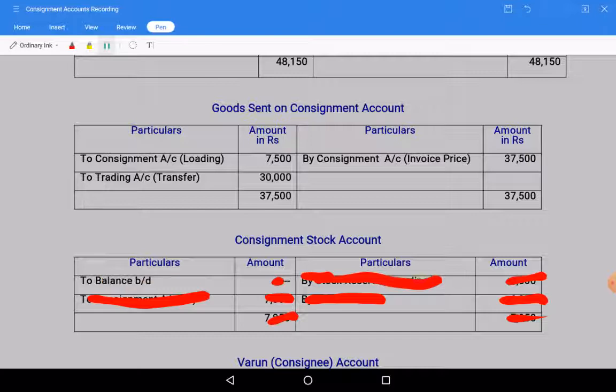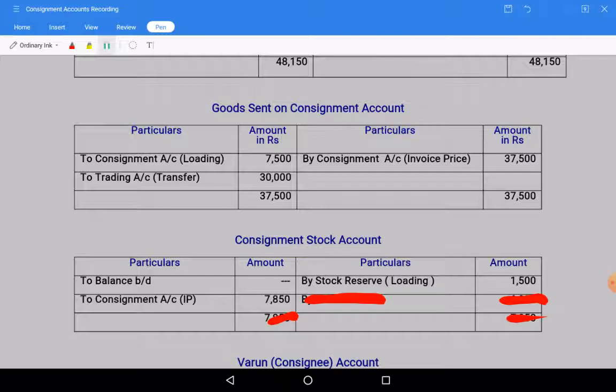Next account is consignment stock account. To balance brought down, there is no opening balance, and consignment stock will appear on the credit side of consignment account. So debit side we will write to consignment account amounting 7,850. So credit side we will write stock reserve, that is transferred from stock reserve account, loading on closing stock, that is 1,500, because this is at invoice price.